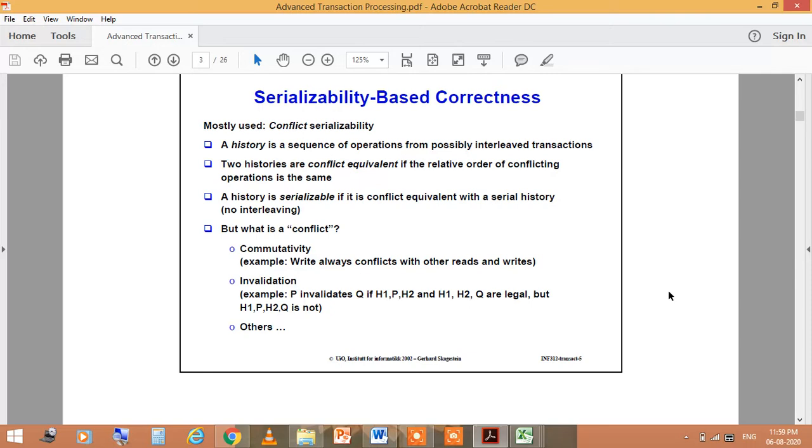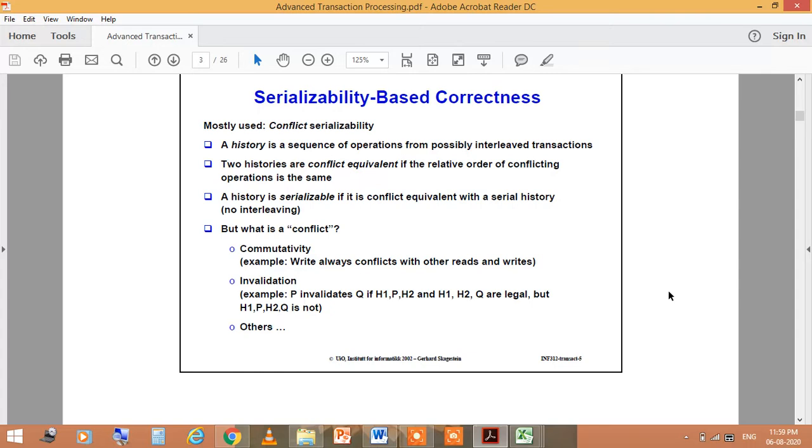Next is the serializability of a history. If it is conflict equivalent to a serial history, it means there is no interleaving. So the question is, what is a conflict?